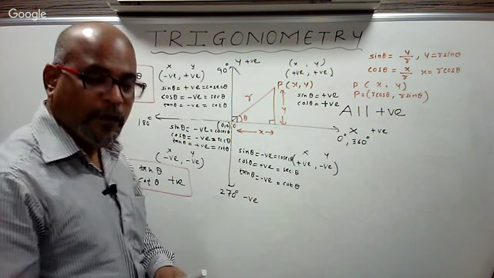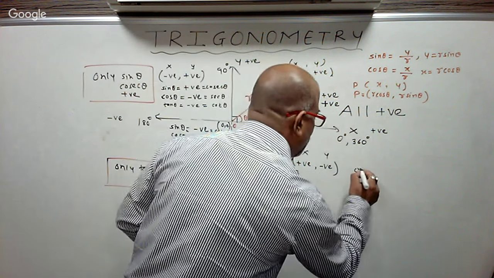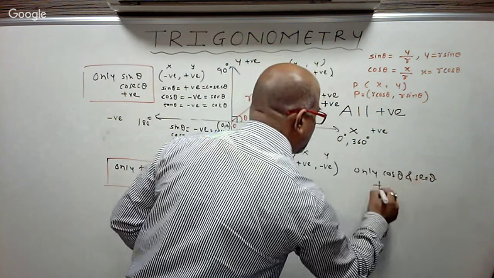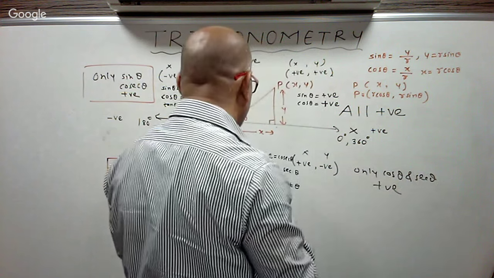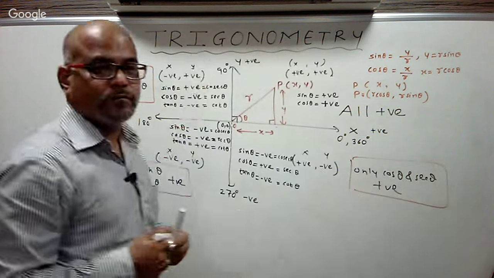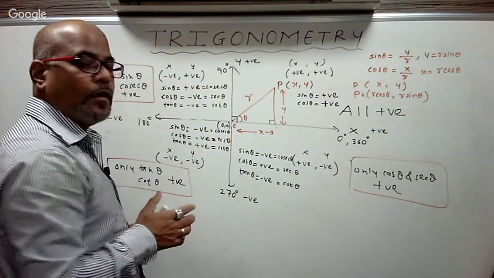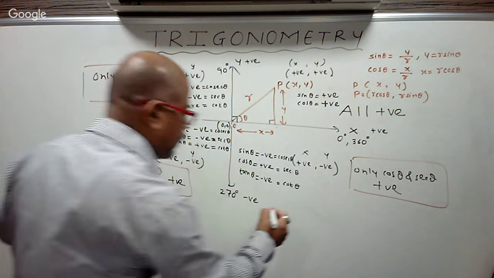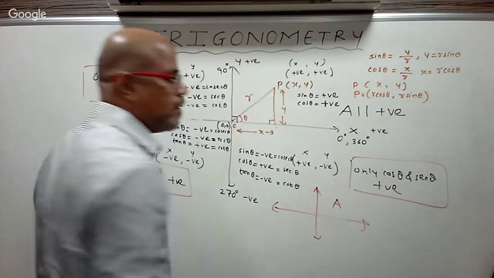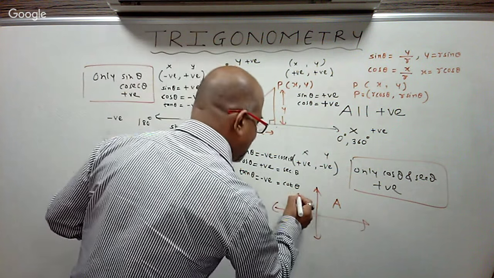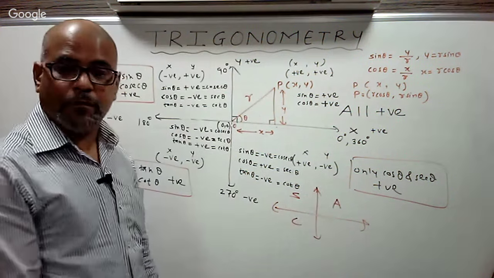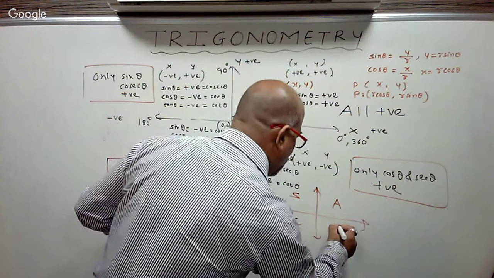Only cos theta and sec theta are positive. The remaining sine, cosec, tan and cot are negative. Clear? That means on the coordinate system, all are positive in the first, sine and cosec are positive in the second, tan and cot are positive in the third, and cos and sec are positive in the fourth.